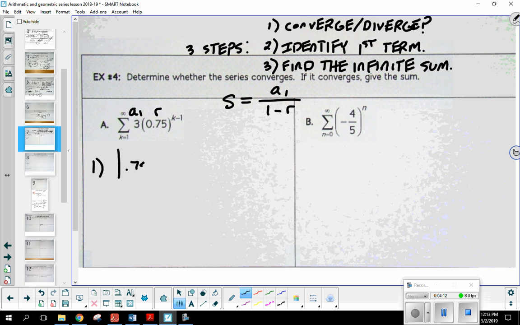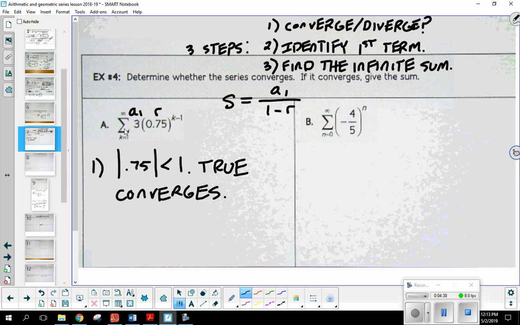Is the absolute value of 0.75 less than 1? Is that a true or false statement? That's true. If it's true, that means it converges. Because it converges, I can go ahead and find what the infinite sum is.